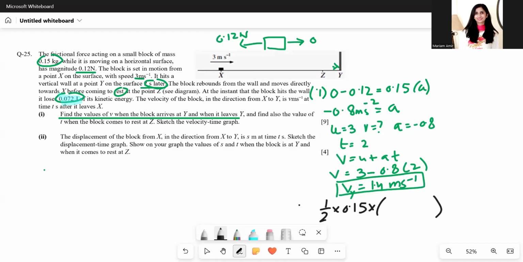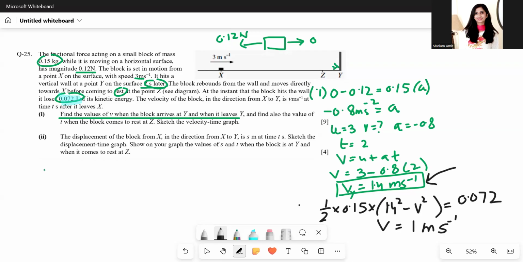Since there's a loss in kinetic energy, this speed is bigger. So half m times (1.4 squared minus v squared) equals the loss in kinetic energy. Now make v the subject and get the value of speed at Y after the hit. This comes out to be 1. But the answer at the back is minus 1.